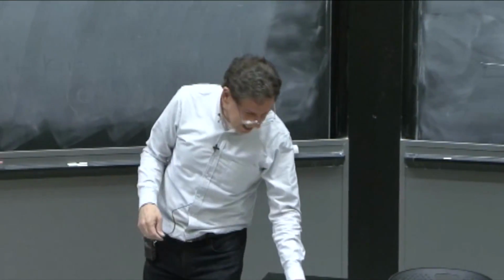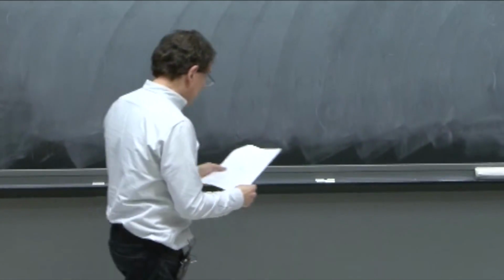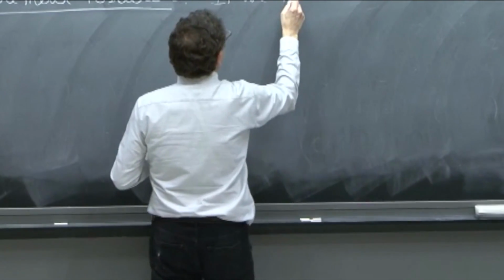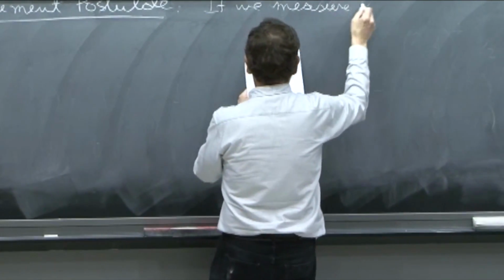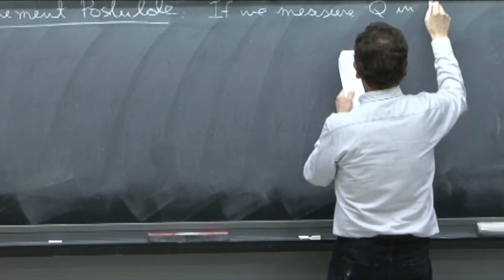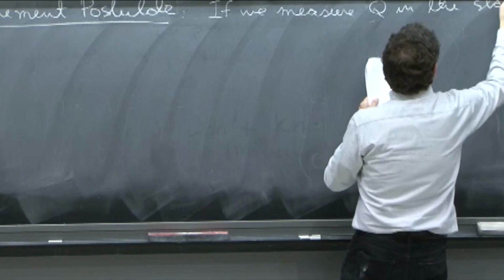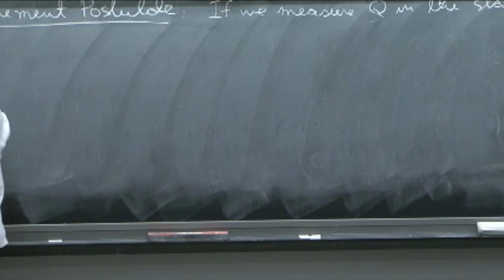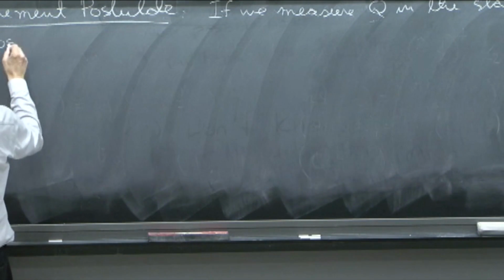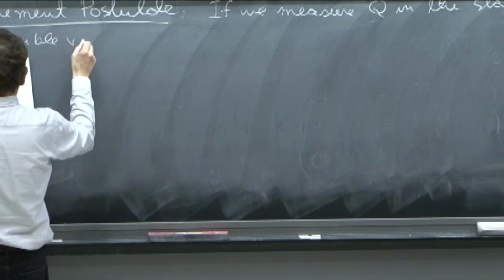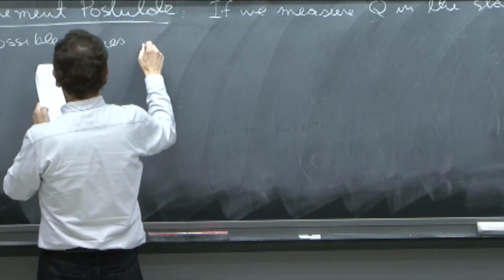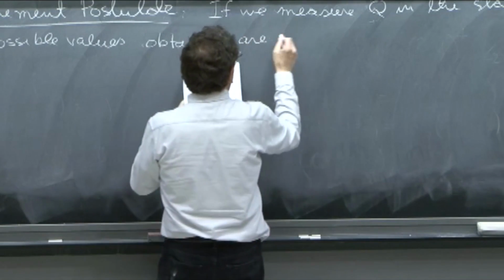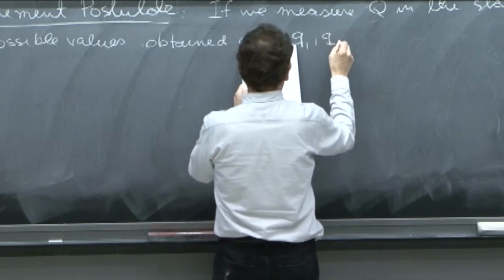Let me write it out. If we measure Q in the state psi, the possible values obtained are Q1, Q2, and so on.